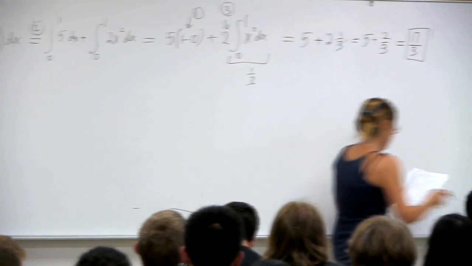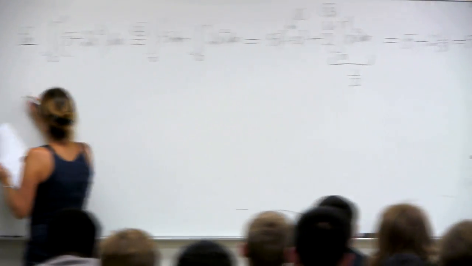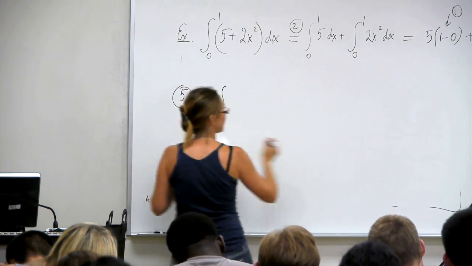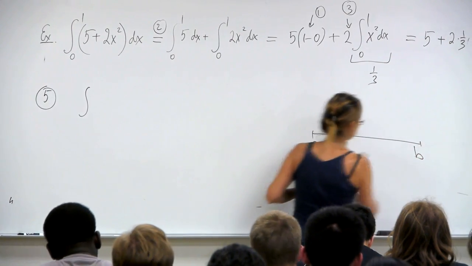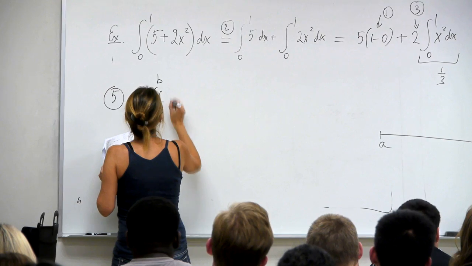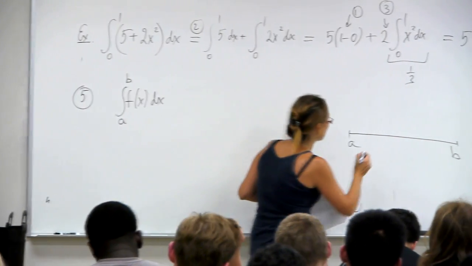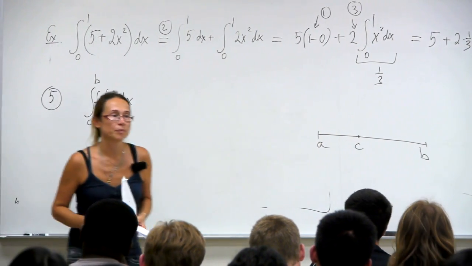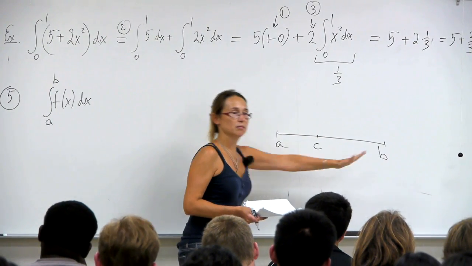Now, property number 5. Let's suppose that I have an interval from A to B, and I look at an integral of f of x dx, and I define another point, C, which may or may not be between A and B. Actually, it could be anywhere else.